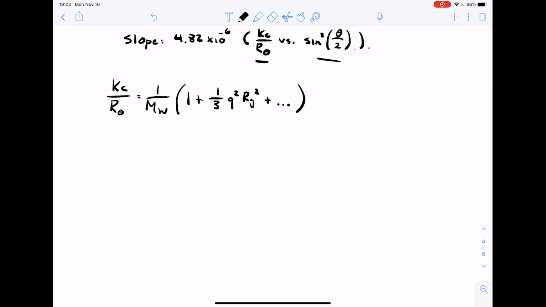And then that's it, in the limit that the concentration is equal to 0 mg per mil. So this term here is the y-intercept. And this term here is related to the molecular weight times the slope.